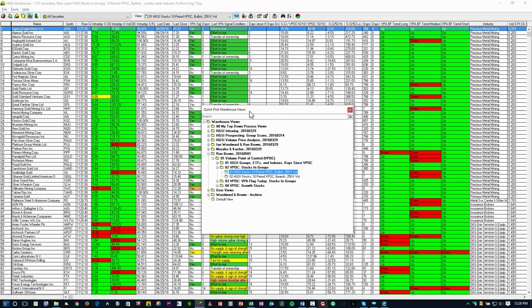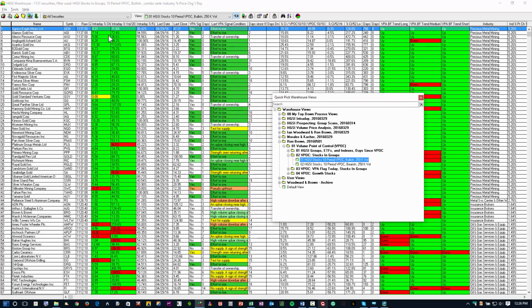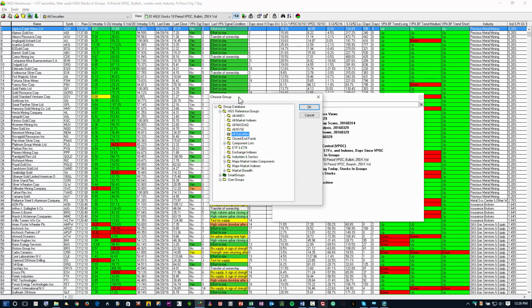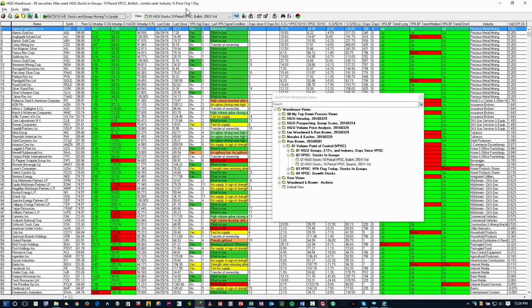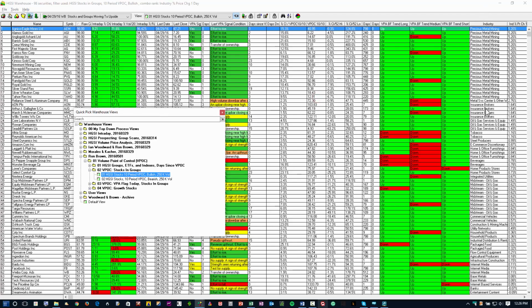But if you want the volume point of control on smaller groups, what you should do is choose a different group, and let's just go into Woodward and Brown and go to the stocks and groups moving to the upside on Friday, and these will have a 10 period positive volume point of control, and you can see that the precious metals still dominate, as do these other groups, and I really don't see any crossovers in here as of yesterday, but this is something else you can do.